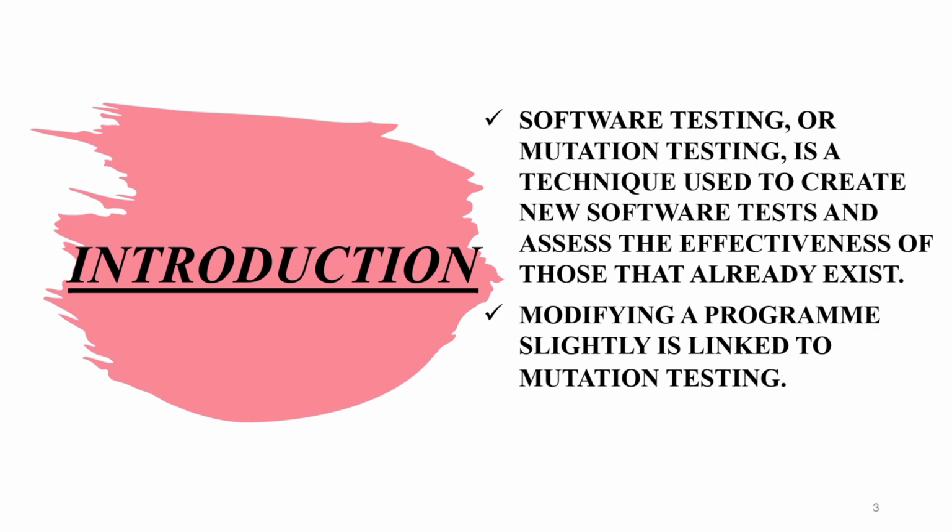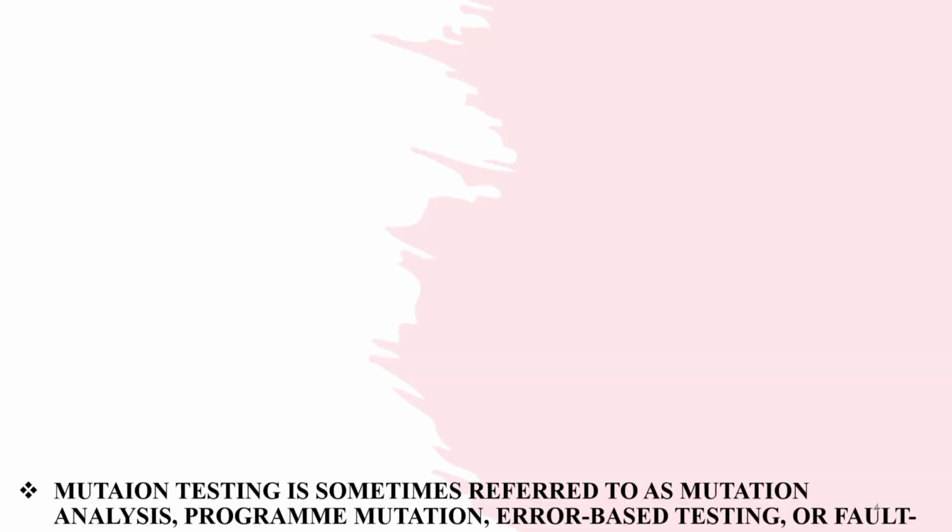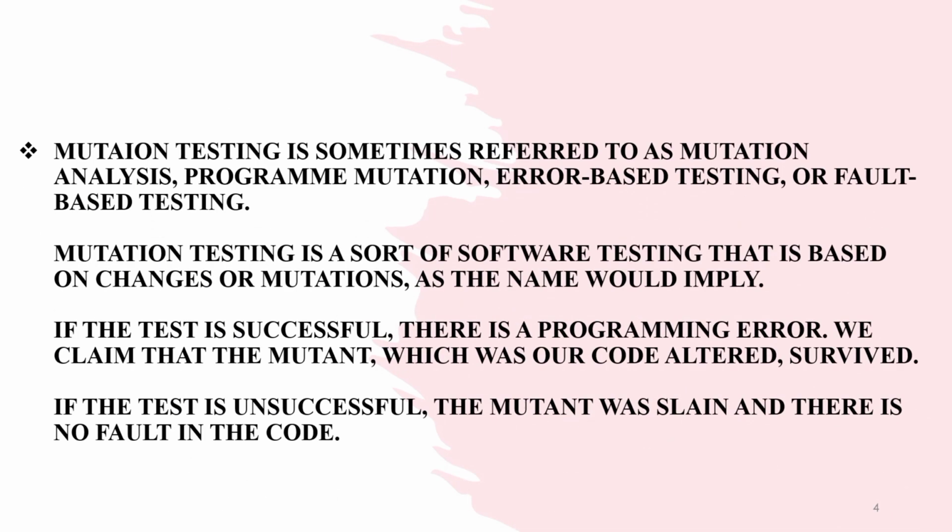Software testing or mutation testing is a technique which is used to create new software tests and assess the effectiveness of those that already exist. Modifying a program slightly is linked to mutation testing. Mutation testing is sometimes referred to as mutation analysis, program mutation, error-based testing, or fault-based testing.